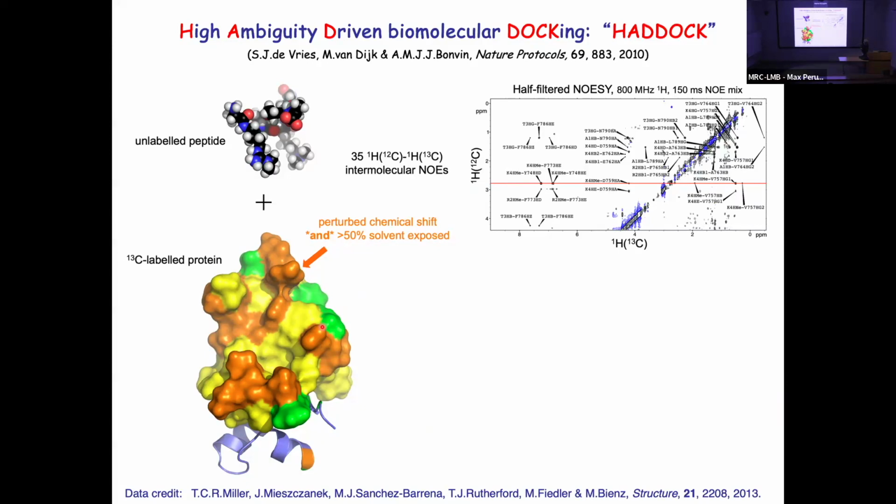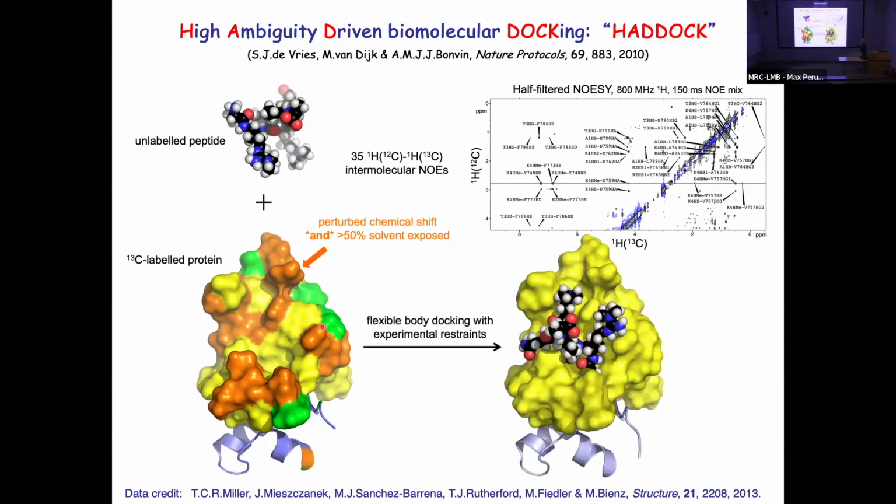On this axis, we only accept signals where hydrogens are attached to a C13. It might seem confusing at first, but what it gives us in the end is all of the NOEs that you see in there are originating from an unlabeled peptide onto the surface of a protein that is C13 labeled. So all of these spots are NOEs that are coming across the binding interface.